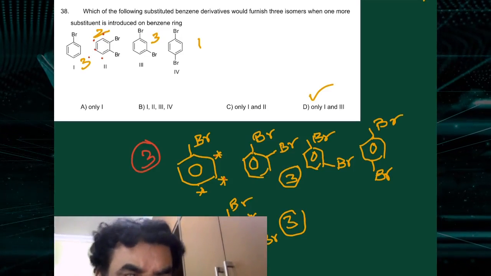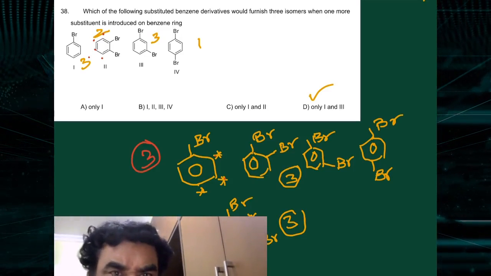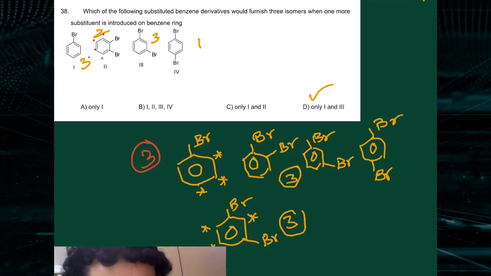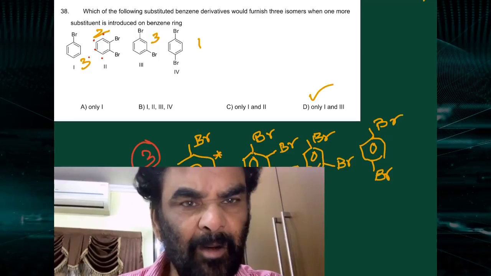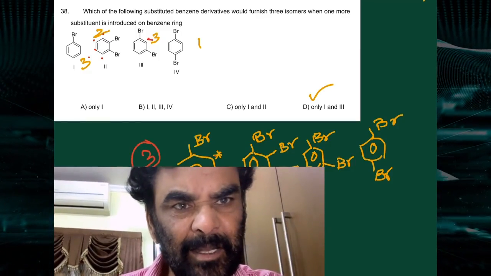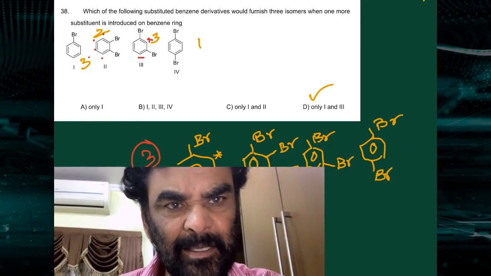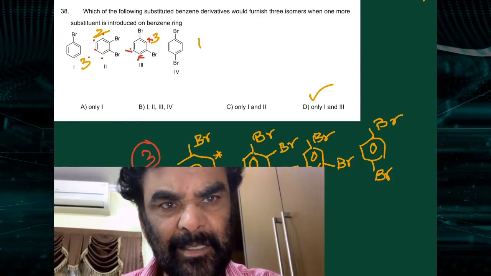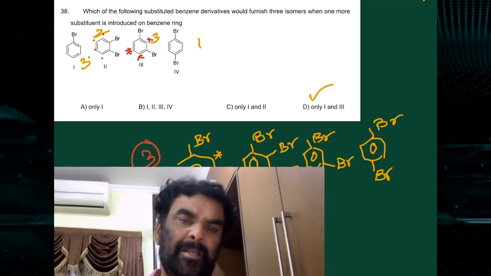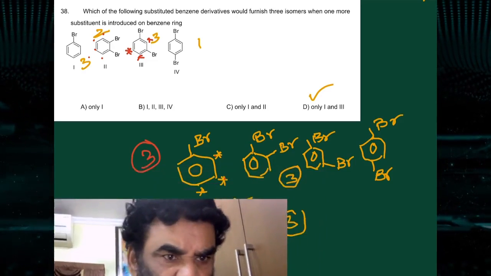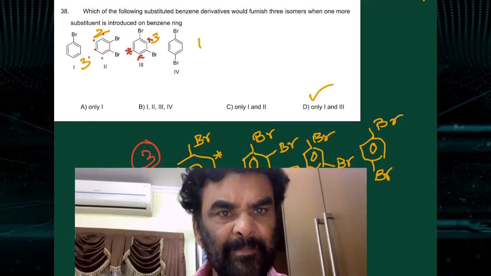So 2 isomeric compounds are possible. And in this case, this is one center, this is another center, this is the third center. These are the 3 position isomers possible. So for this, 3 are possible.